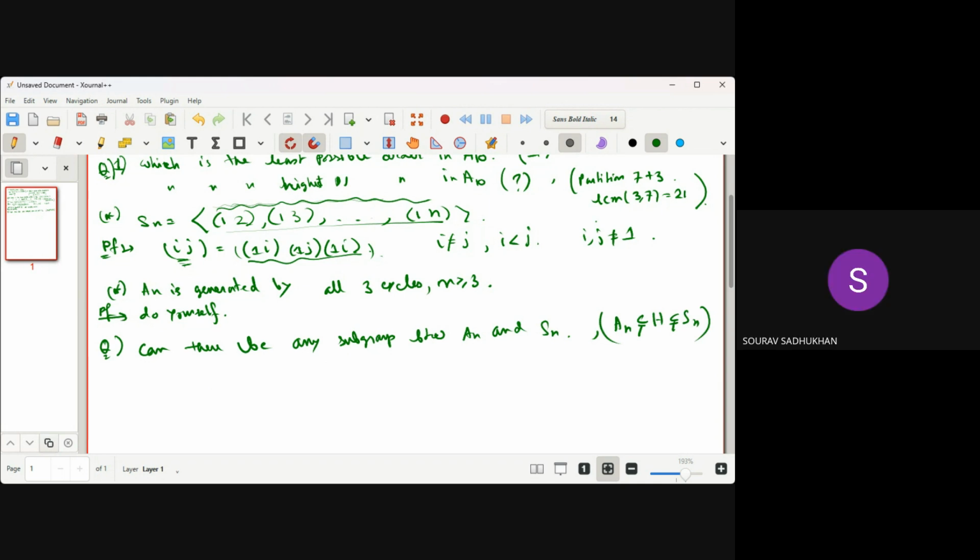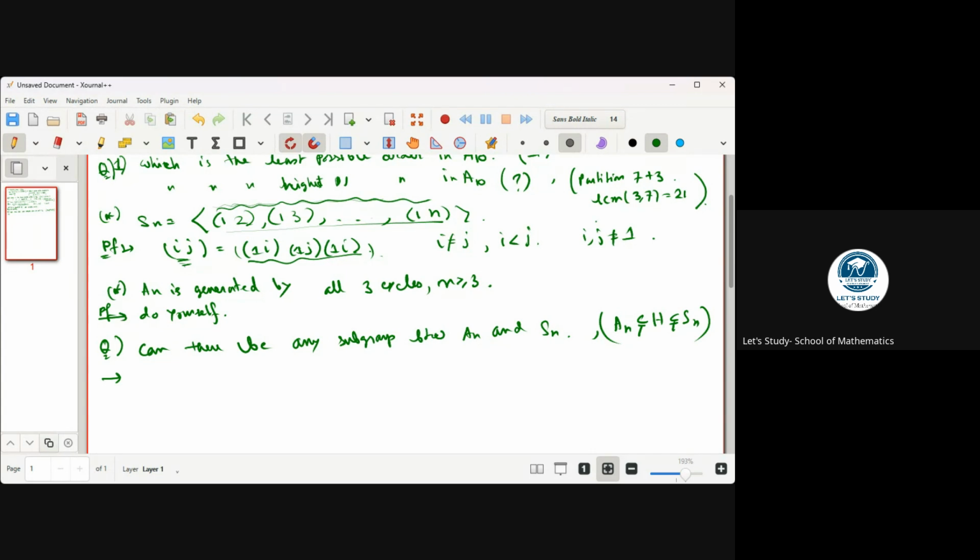If H contains A_n properly, then H has at least one odd permutation in it. There is a result that for every subgroup of S_n, either all of its elements are even permutations, or an equal number of odd and even permutations are there in that subgroup.